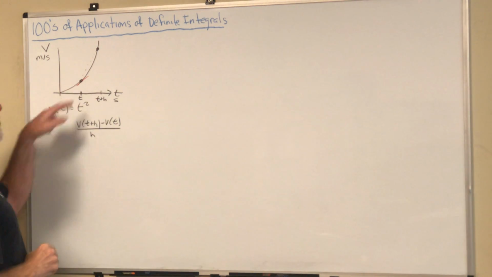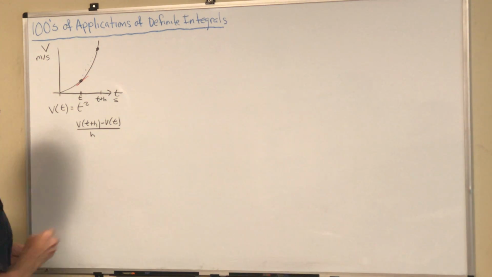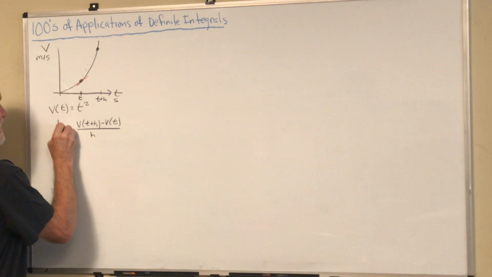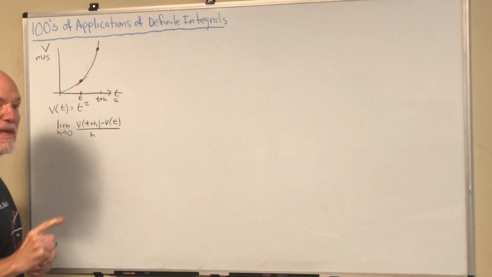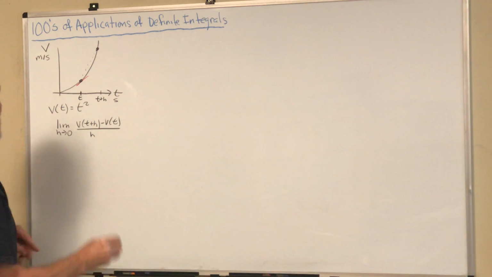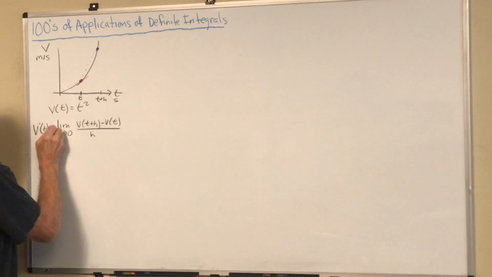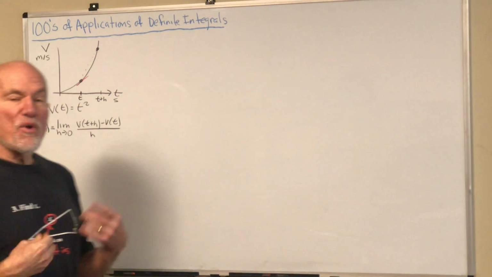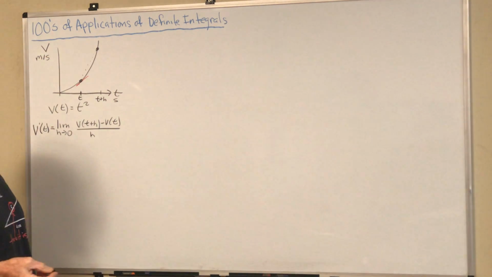But that was the slope of this line. To make it the slope we were looking for, the instantaneous rate of change, we took the limit as h approaches 0. So we did use limits to actually find something of importance, and that we called the derivative, because we got a new function called v prime of t that found the slope of this line.